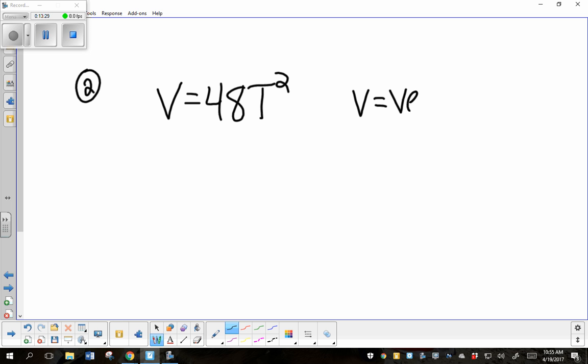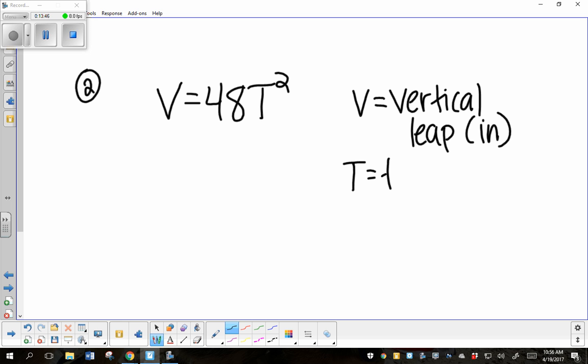V is a vertical leap in inches. So what this equation is going to tell us is how high someone can jump given that they're in the air for a certain time. So T is the time in seconds. This is called hang time. It's the amount of time you're in the air when you jump.